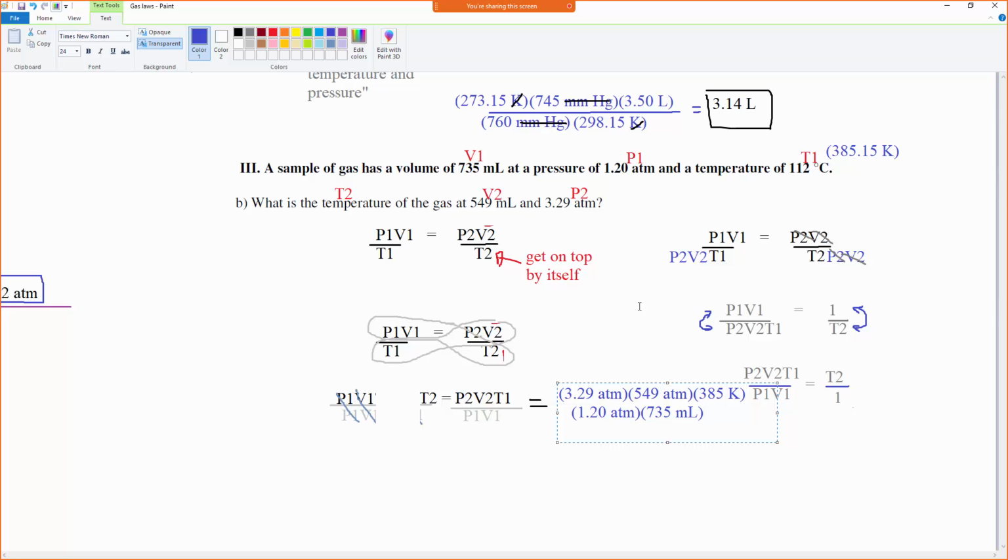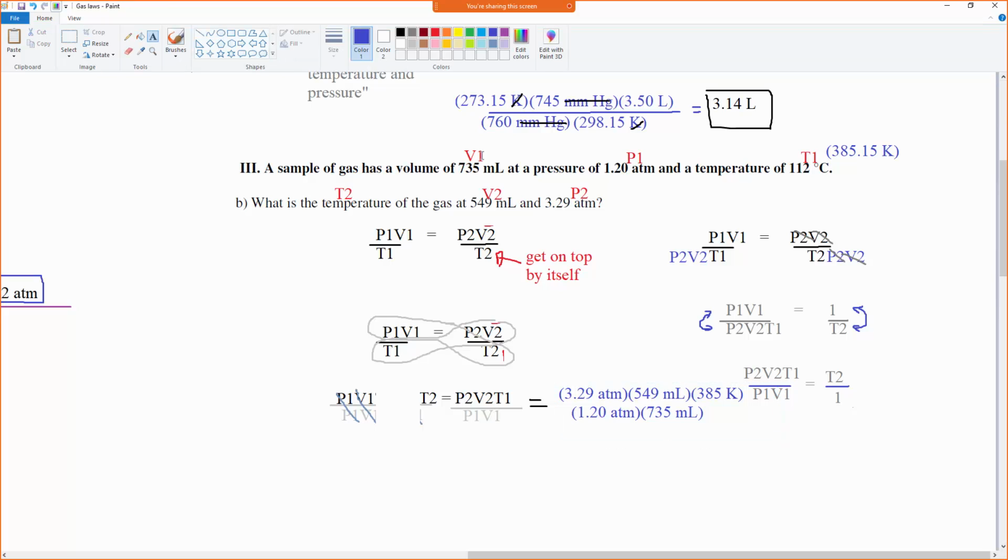Oh, wait a second. I have too many atmospheres this year. 549 milliliters. What was I thinking? Watching my units, analyzing my dimensions.